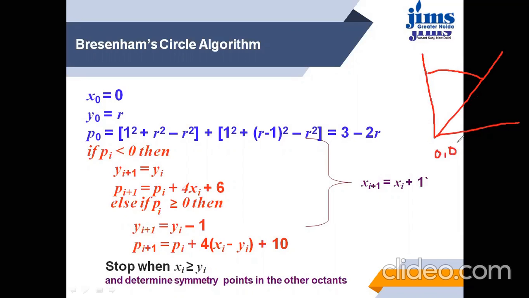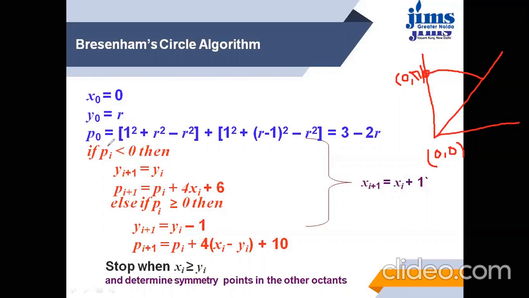This is the radius, so this will be 0 and r. So this is the reason that f0 is equal to 0: I am considering this point first.